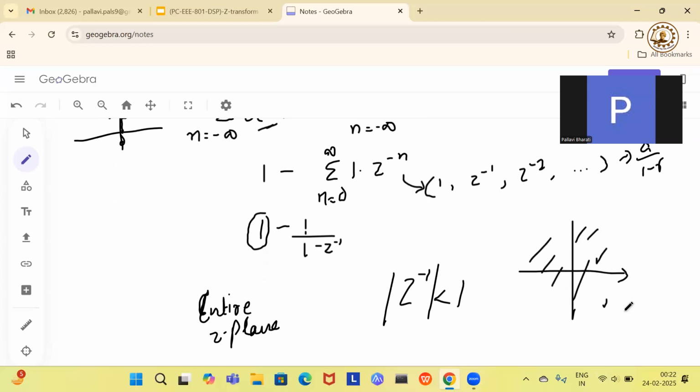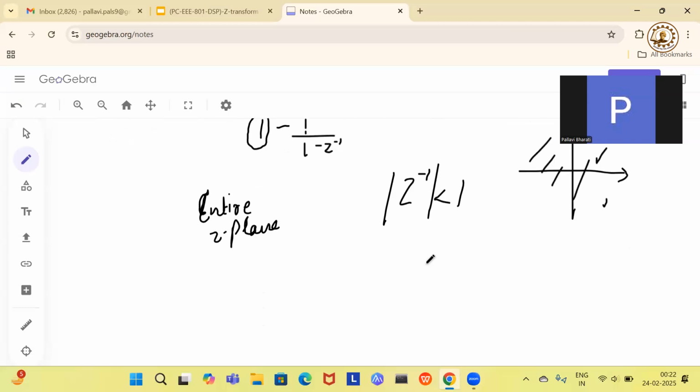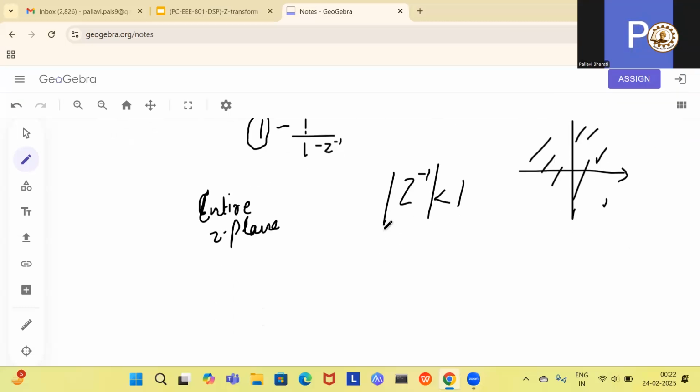and the second thing is, if you simplify this portion, what will you get? If you simplify this, it is going to be 1 by mod z lesser than 1, that is mod z greater than 1. So this is going to be a unit circle, and then outside of this, right?